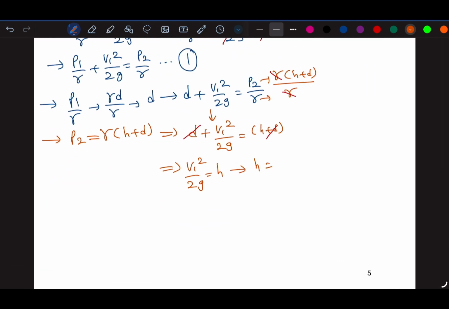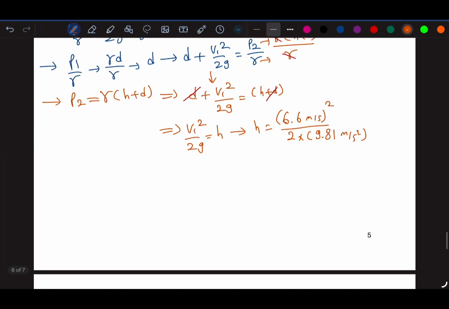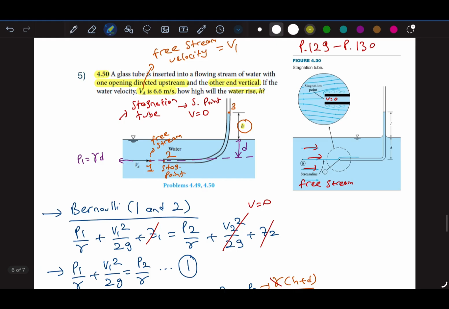So h is equal to 6.6 meters per second squared, over 2 times 9.81 meters per square second, and this gives h as 2.22 meters. So we have h as 2.22 meters.